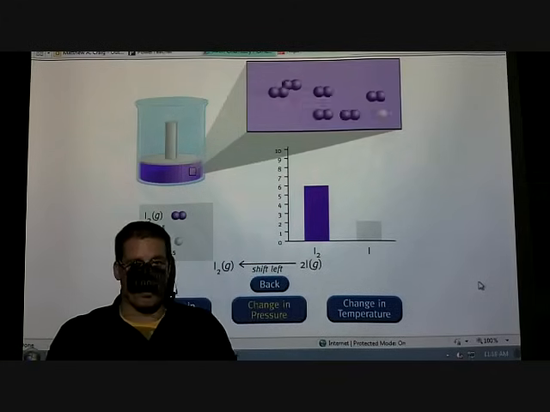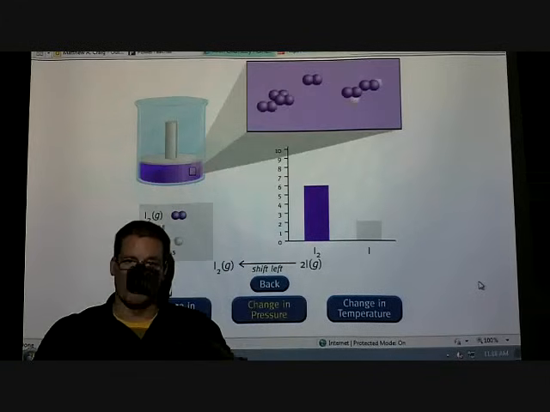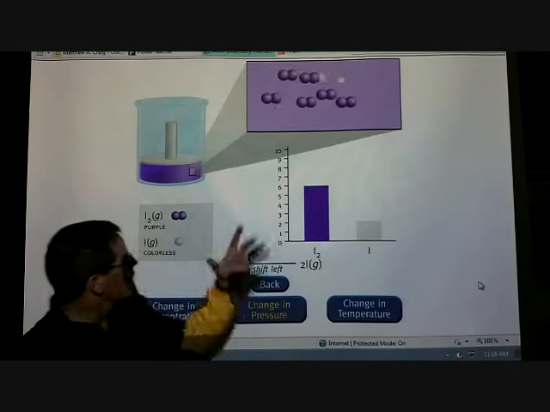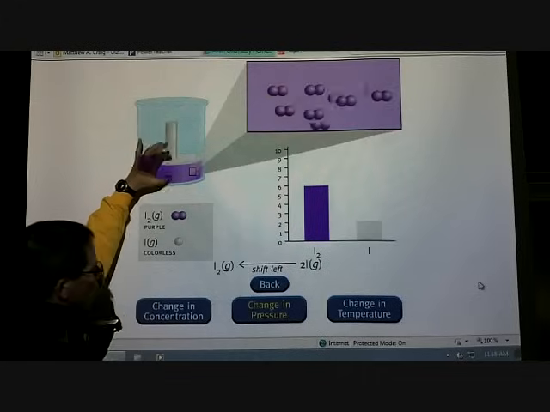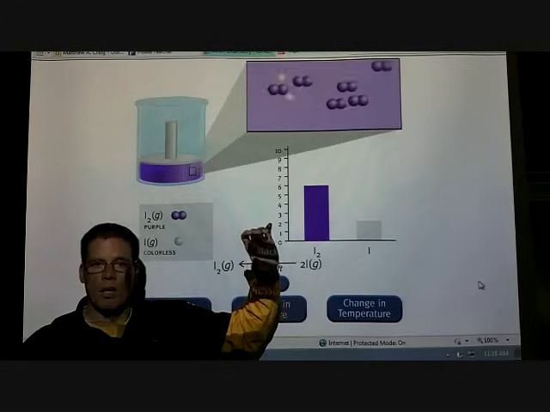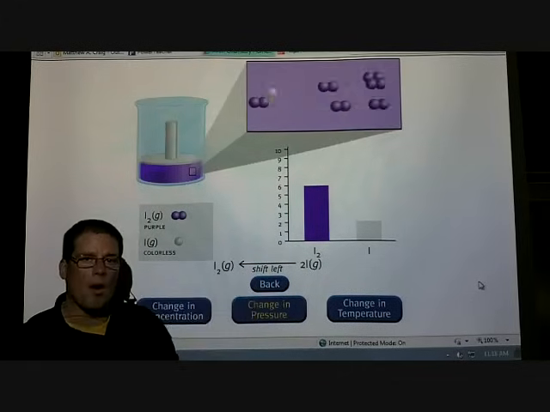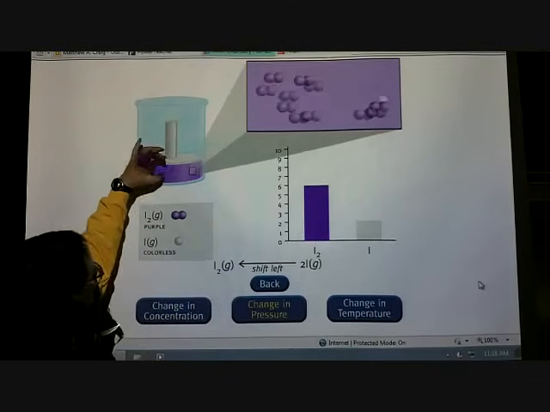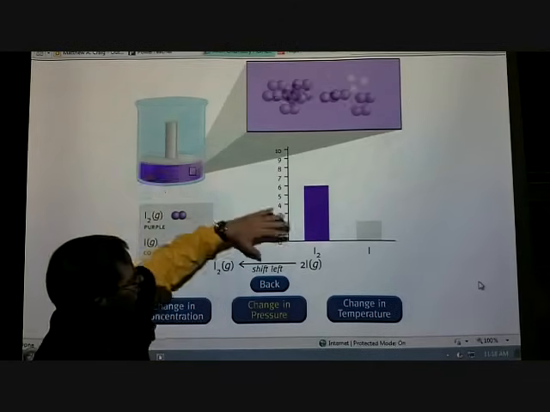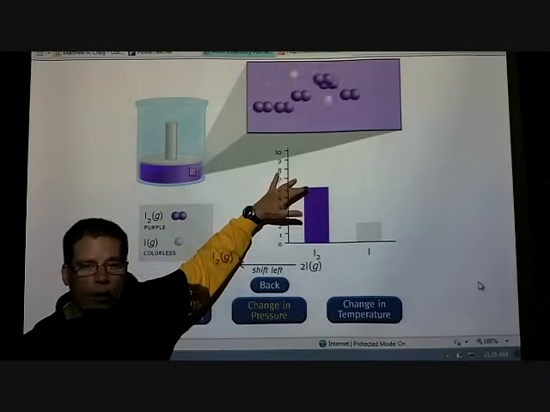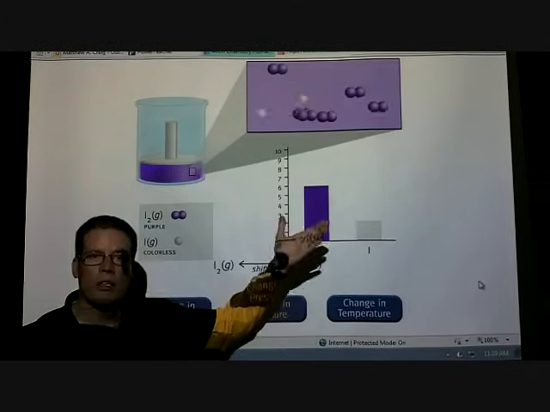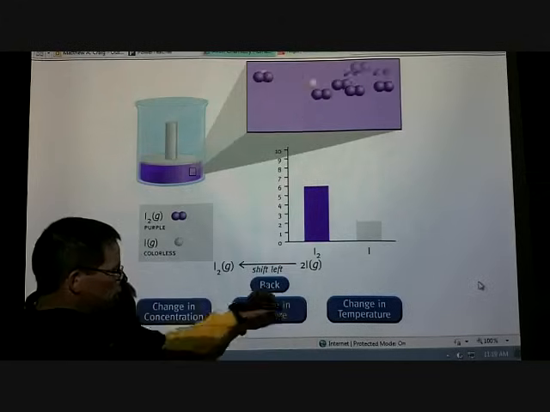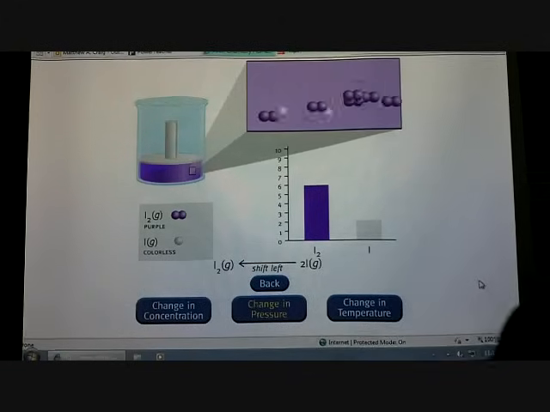We're just looking at partial pressures of these gases, and it wants to lower the pressure because when our volume gets smaller, the pressure goes up. So we've got to find a way to decrease that pressure. And you'll notice that the volume's decreased, the number of I2 particles increased while the I decreased. All right, let's take a look at the other one.